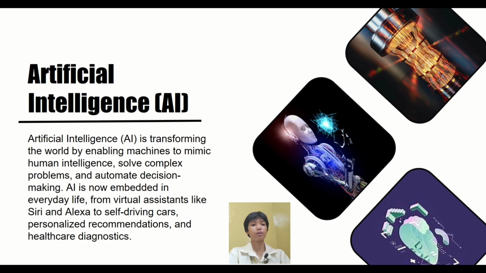Many students nowadays are using artificial intelligence, from virtual assistants like Siri and Alexa to self-driving cars, personalized recommendations, and healthcare diagnostics. It is really amazing how the evolution of computer nowadays is made.